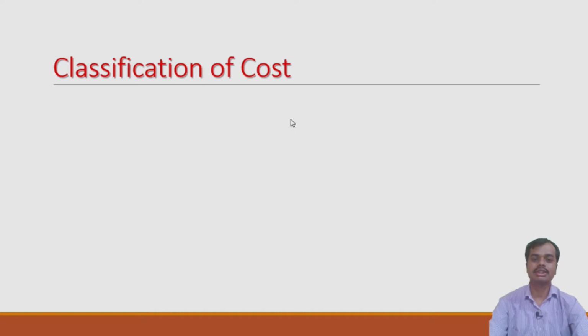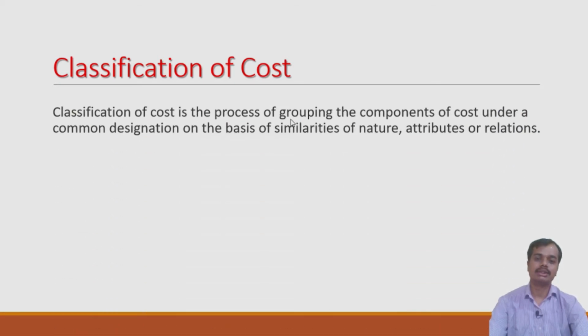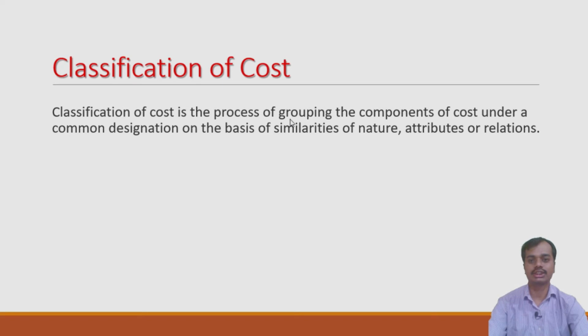Scheme of classification should be such that every item of cost can be classified. Classification of cost is the process of grouping the components of cost under a common designation on the basis of similarities of nature, attributes, or relations.